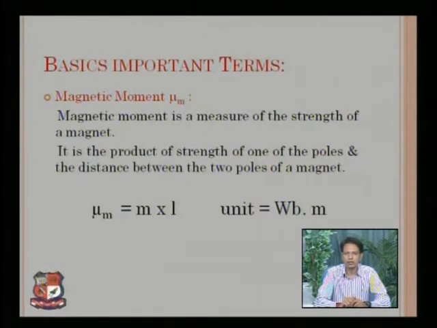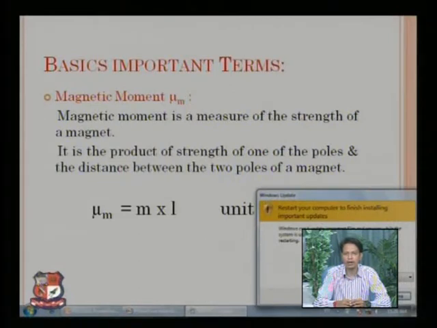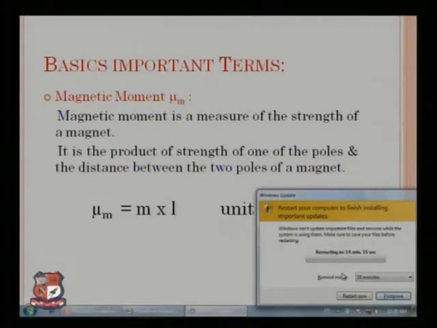Magnetic moment is a measure of the strength of a magnet, because there are two poles present on a magnet, that is north pole and south pole, and if they have some magnetic field and are kept in front of another pole, then force is experienced by that particular pole. That means that particular pole has some magnetic strength. That means magnetic moment is a measure of the strength of a magnet.